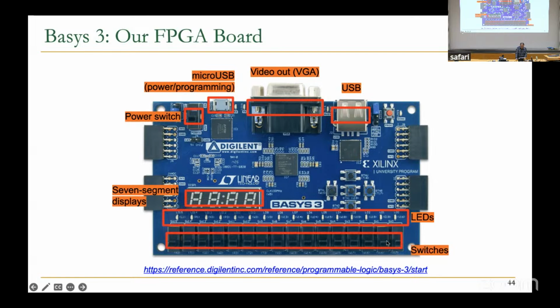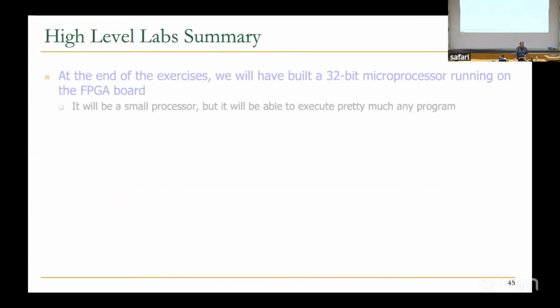You have switches that you can use as input, for example, and push buttons. And this is your FPGA chip. This shows that when you design a system, the brain is usually so small, and there are many things going on around it to make the interface. That's why interfaces are very expensive in a computer system.